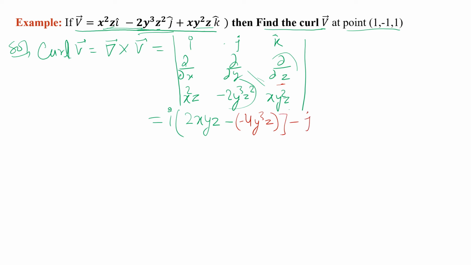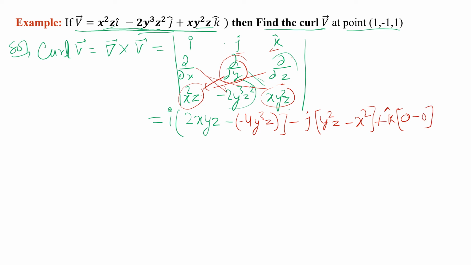Now take j. The partial derivative of the k component with respect to x gives y squared z, minus the partial derivative of the i component with respect to z, so we get x squared. Plus the vector k: the partial derivative of the j component with respect to x is 0, minus the partial derivative of the i component with respect to y, which is 0.